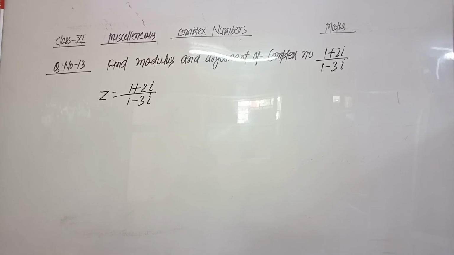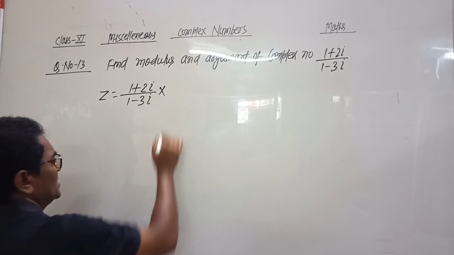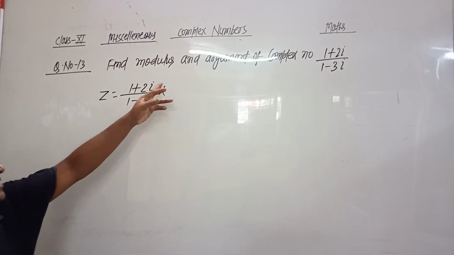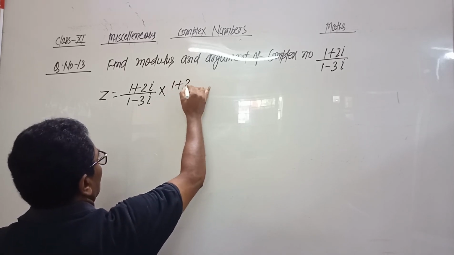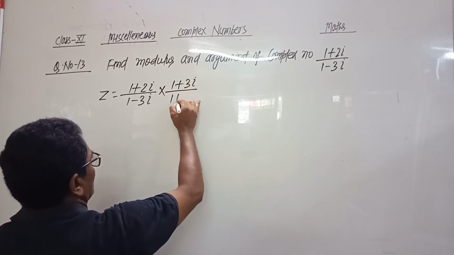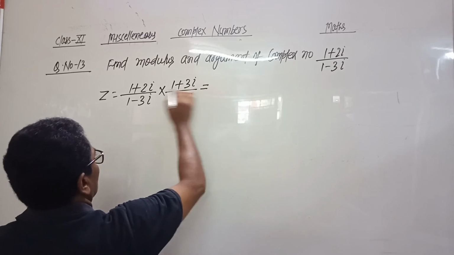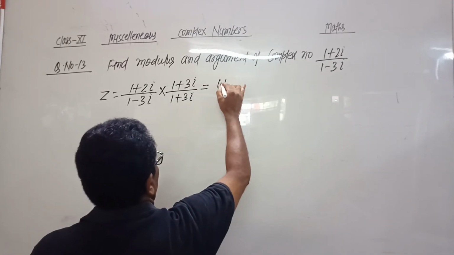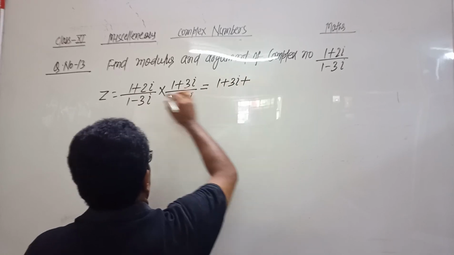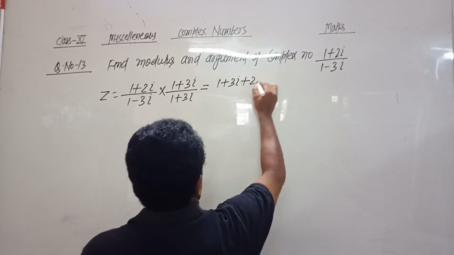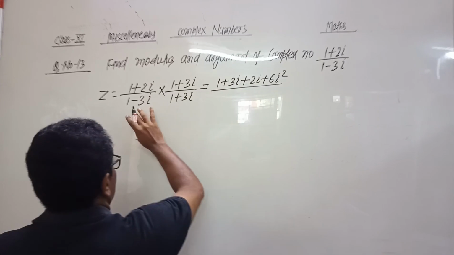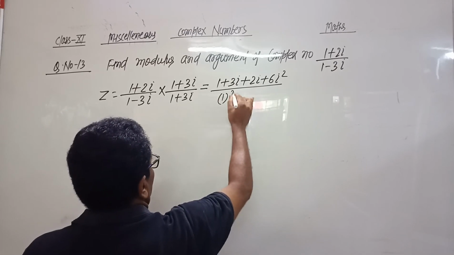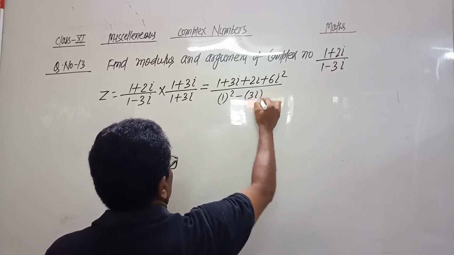So firstly, we will have to express this in the form of a plus iota b, and for this we multiply the denominator and numerator by 1 plus 3 iota. So 1 multiplied by 1 plus 3 iota, plus 2 iota multiplied by it: 2 iota plus 6 iota square, and using a minus b, a plus b equals a square minus b square.